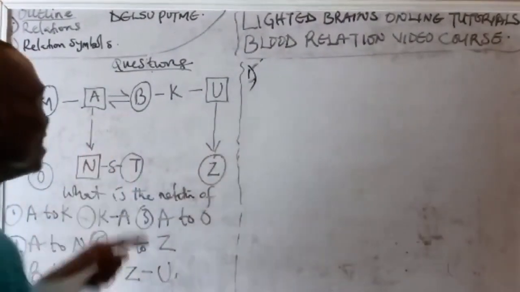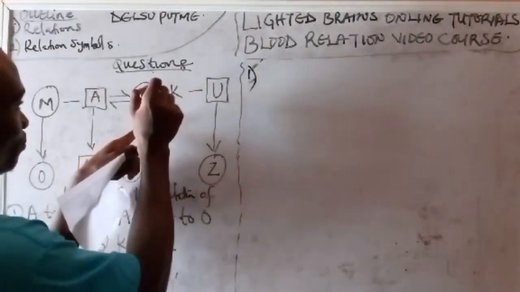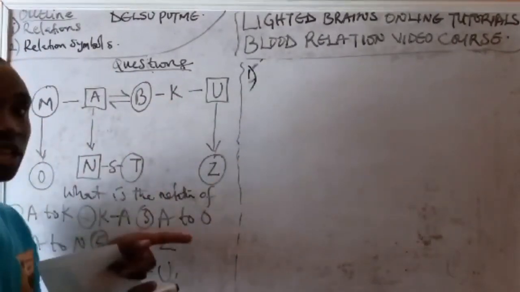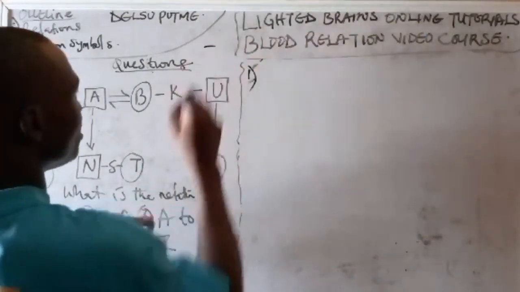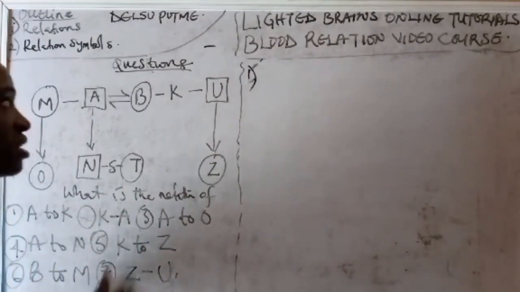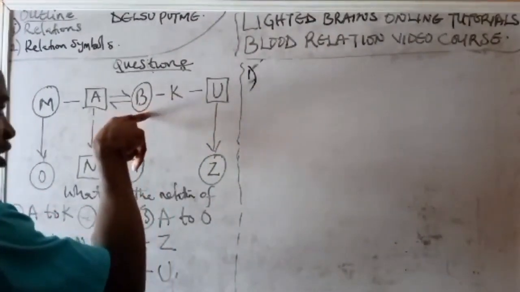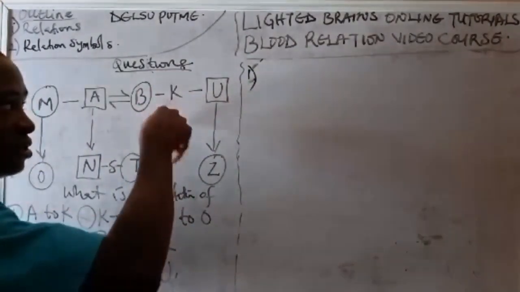Do you get it? And since we have this symbol, this symbol means what? It is talking about a sibling relationship. I've told you guys that whenever you see this one, it is either brother or sister. So we can say that K is sister to B, or is brother to B, because we don't know the gender.